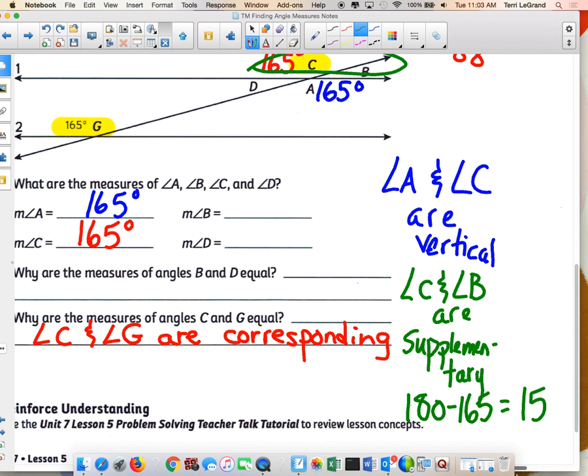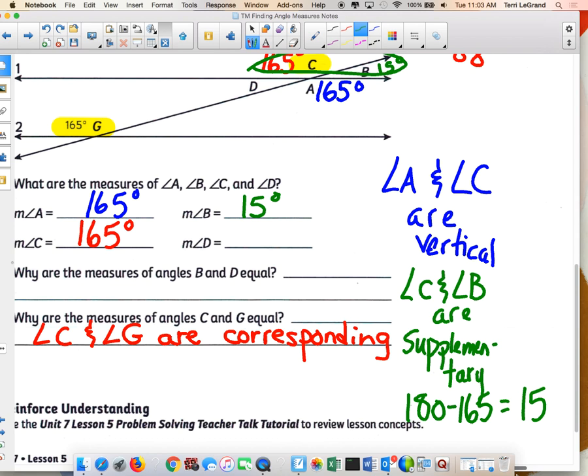15. Anybody want to agree with Tyler? It's 15? Okay, good deal. So we're going to say then that the measure of angle B is 15 degrees. And we'll go put that in our drawing. Well, then the only thing left is D. And then we have this one question to answer here. Why are the measures of angle B and D equal?